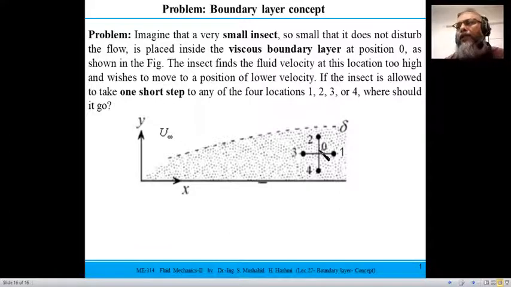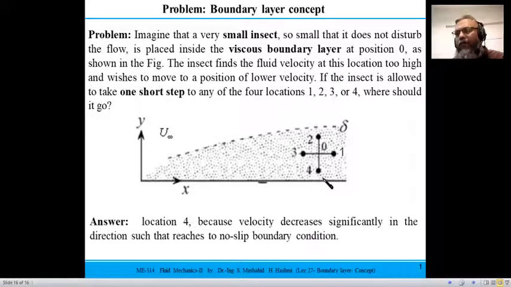It is initially placed at 0, where the insect is feeling a very high velocity. So the insect has to move to a region where the velocity is low. As you see, the thickness is growing in direction 1, and if it goes in 3, the thickness is changing; as it goes above, you see the velocity is increasing. The only way the velocity decreases is if it goes in direction 4.